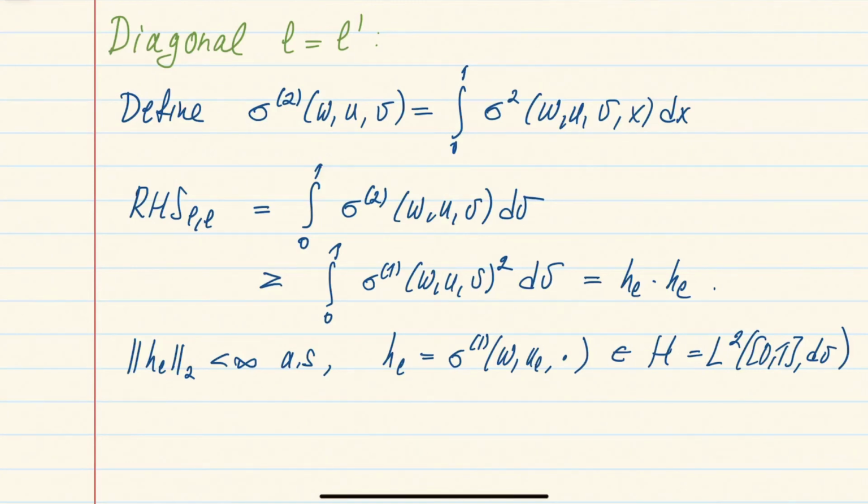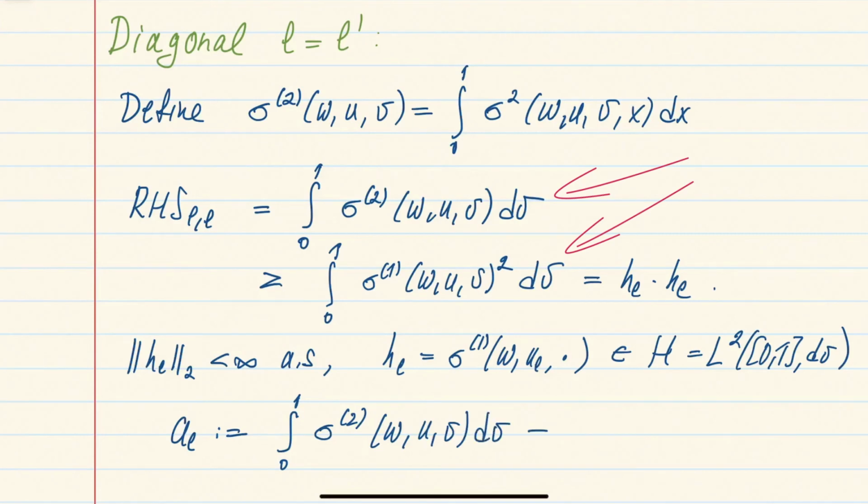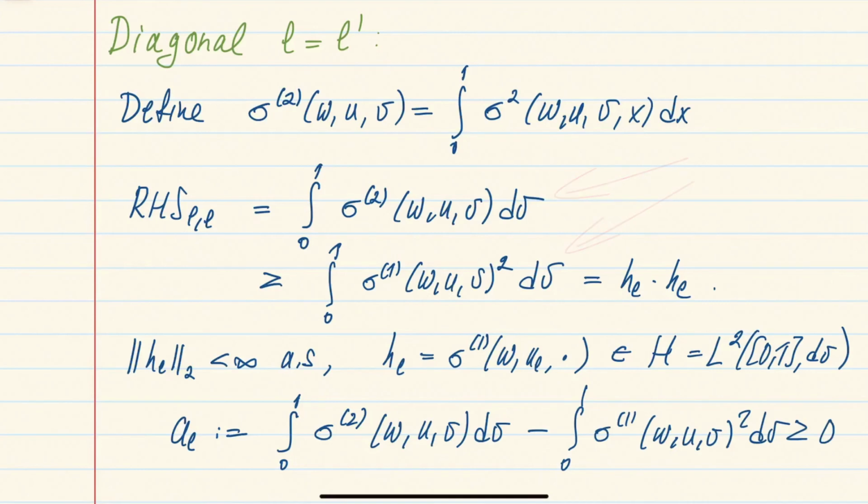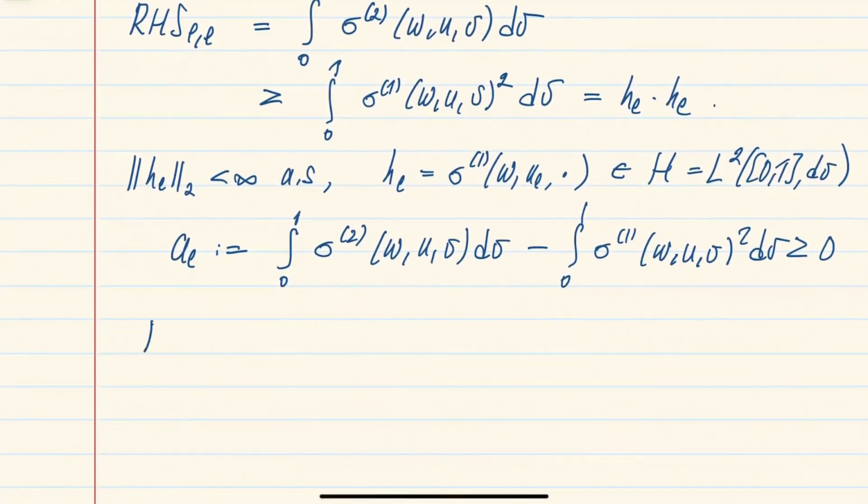But then if we define these random variables A_L to be the difference of the two sides above, so in other words, the integral of sigma 2 minus this integral of sigma 1 squared, which, as we noted above, is non-negative, then we can rewrite the right-hand side on the diagonal exactly as H_L times H_L plus the difference, which is A_L, where actually this A_L depended on U_L.